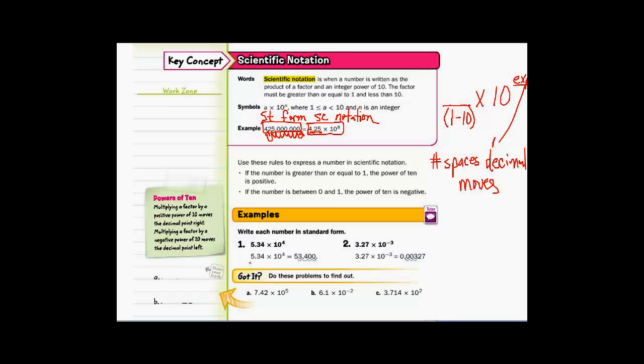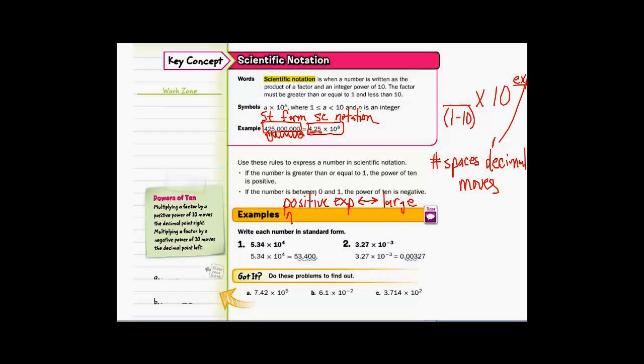So whenever we look at this, we've got 5.34 times 10 to the 4th. We said that this exponent right here tells you how many spaces the decimal moves. And because this is a positive number, we need to make this bigger. That's what I want you to associate. Positive exponents, associate that with large numbers.